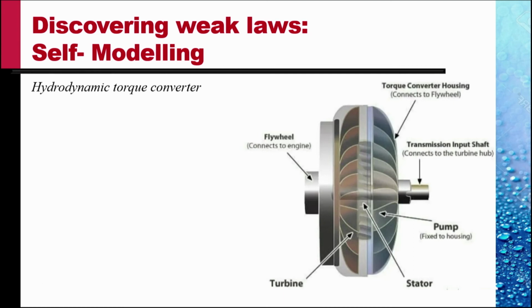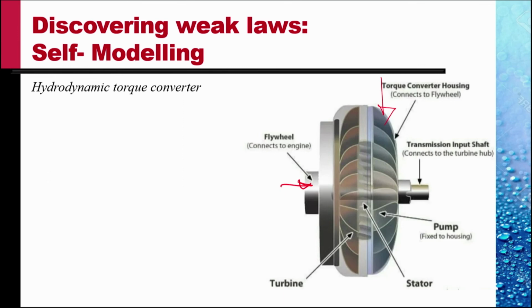Here, the casing of the torque converter is connected to the flywheel of the engine. So this is where the input power goes. The whole thing rotates. This portion works like a pump.